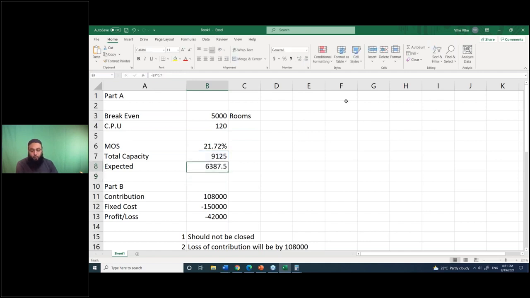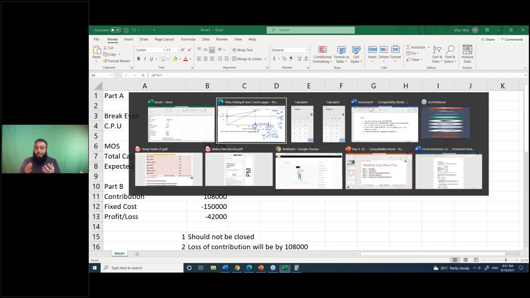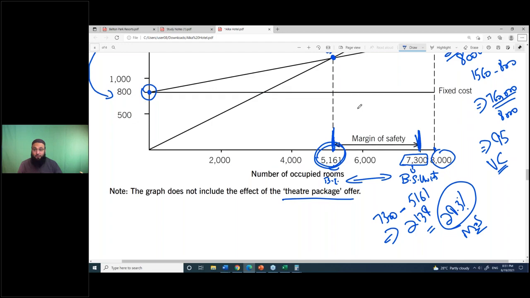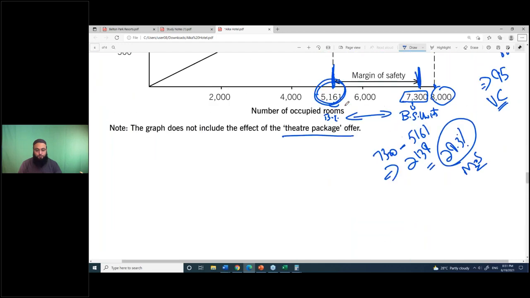Previously you were operating at 6,388, but now you expect to go to 7,300. So from 6,300 you expect to go to 7,300, and that's because of the restaurant that you will open. Getting my point? So your margin of safety gives you a good idea.